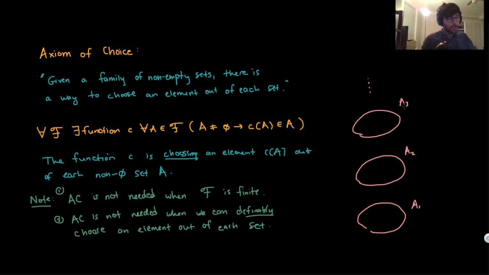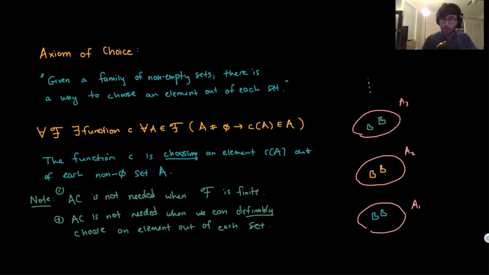The first example is, let's say that all of these sets A_i had one pair of shoes in them. So this first set A1 had a pair of shoes right here, and the set A2 had another pair of shoes, maybe a different color, and this one had a third colored pair of shoes. And so every single A_i had a pair of shoes.